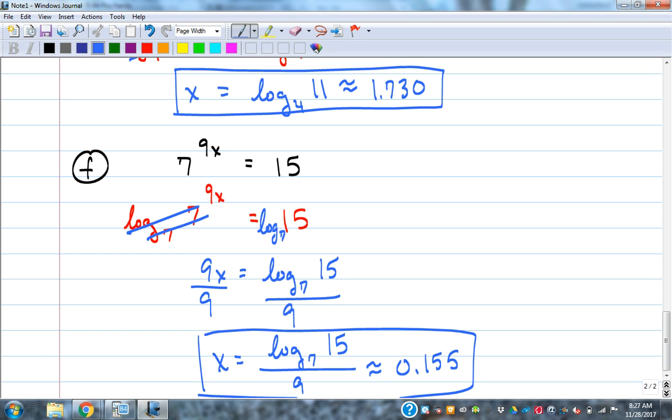Not incredibly complex. They're not going to get really complex until they start putting the logs in there to begin with. And then it gets a little bit more interesting because there's more things you can do to the problem.